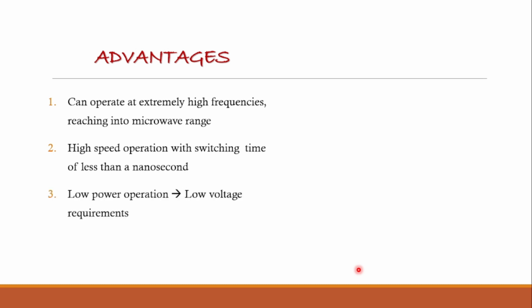Further, it requires low power for its operation due to their low voltage requirements. So low voltage is required, due to which it operates at lower power. Also, it has a low noise and it is relatively resistant to nuclear radiations. So these are some of the important advantages of tunnel diode.